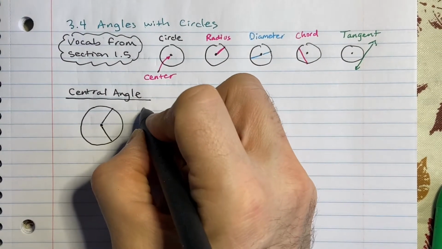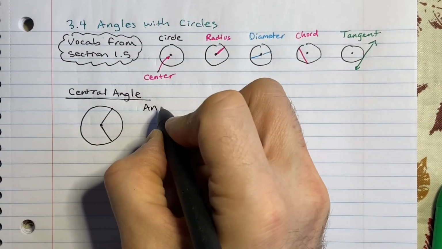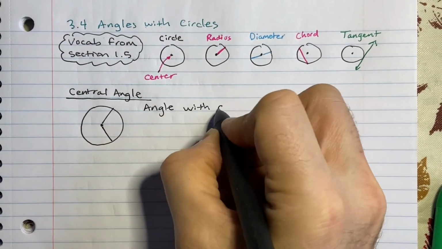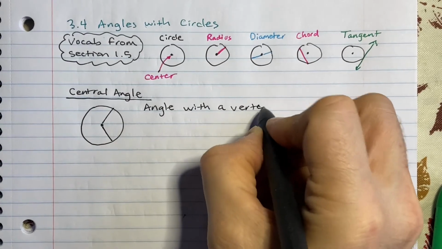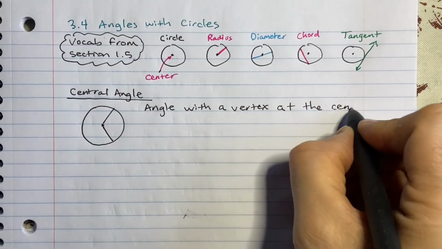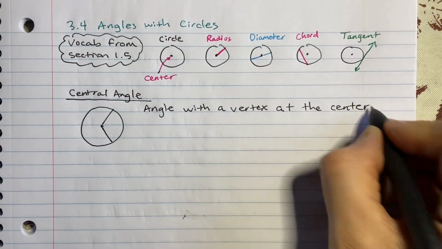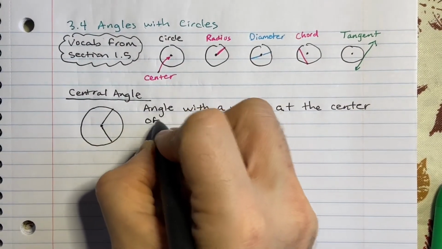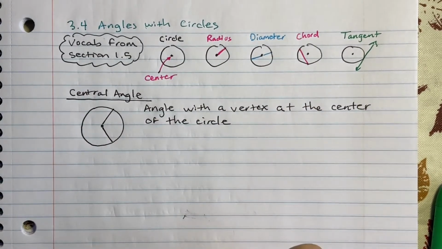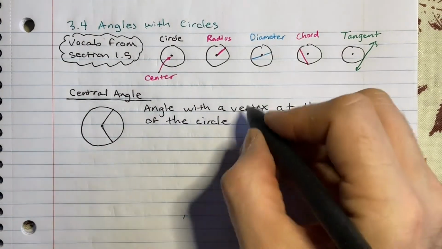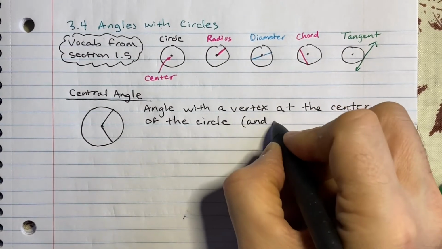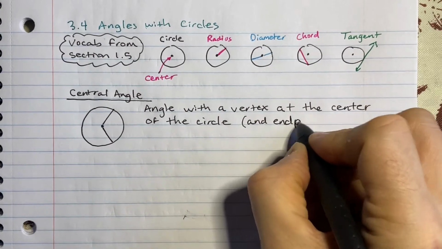See, central angle is an angle with a vertex at the center. And I suppose we should be specific. Center of the circle. And then the endpoints, so I'll say and endpoints on the circle.